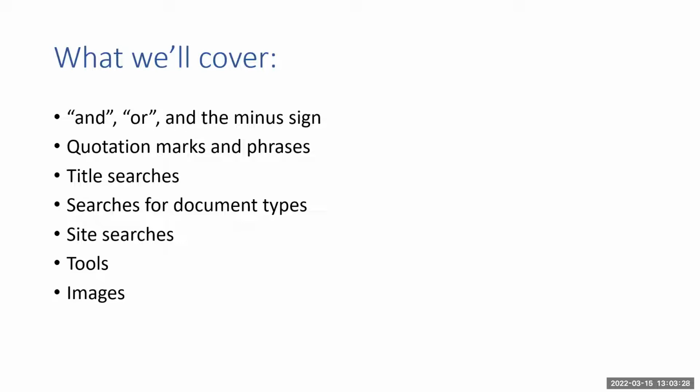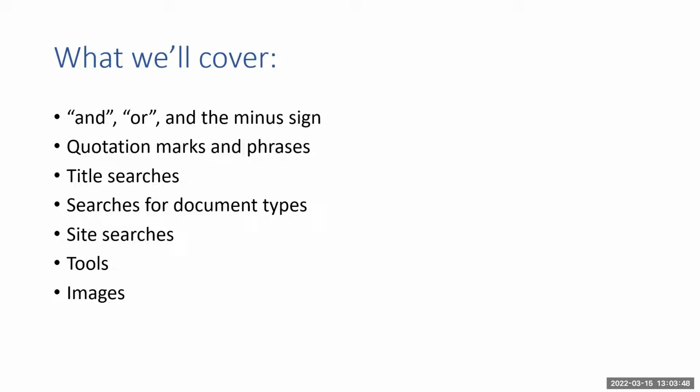So what we're going to cover is these items, and the first one is using the word and the word or, and using the minus sign, which is effectively a not. If you're used to computer programming, it's a not.